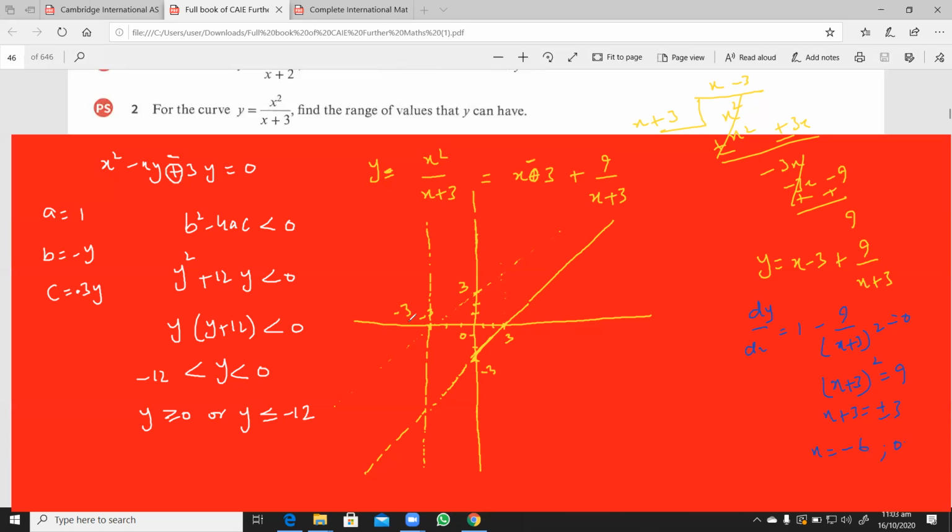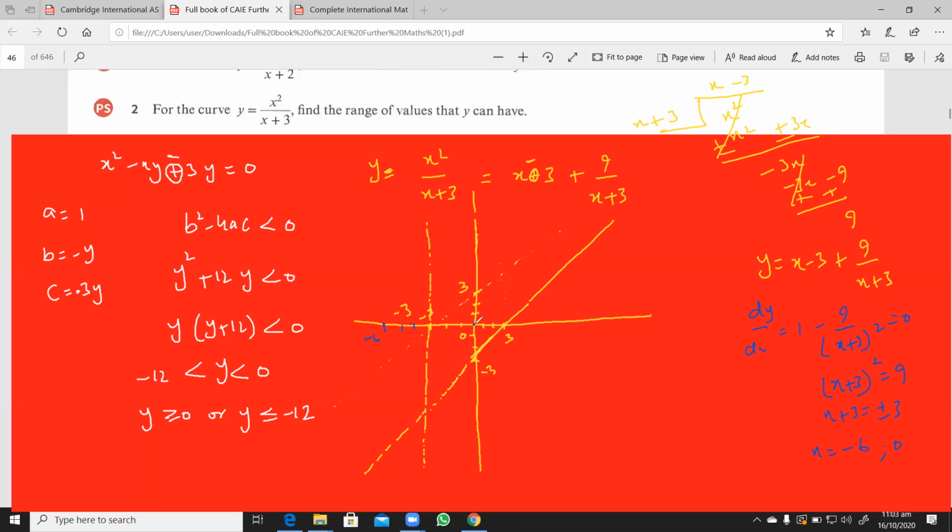So this is 1, 2, 3. Here it is your minus 6. Now quickly tell me, when I put 0 here, what do I get? When your x is 0, your y is 0.